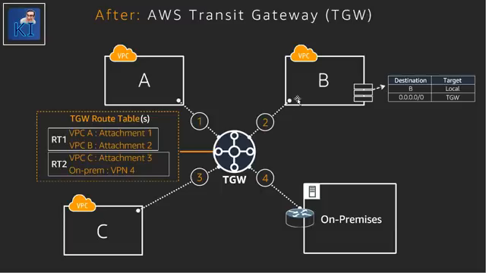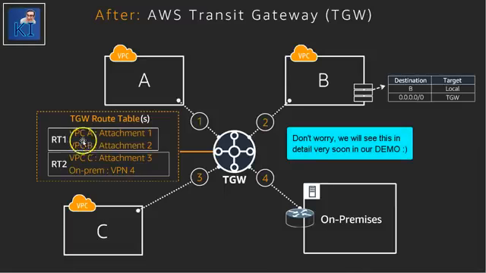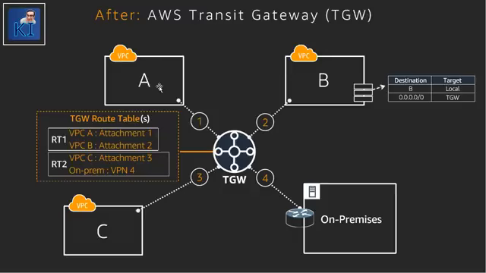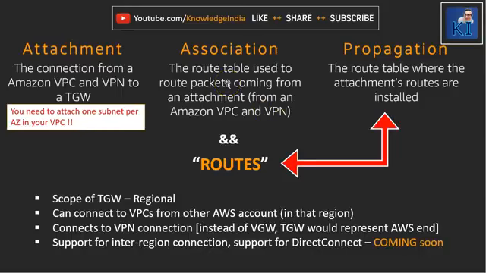One route table can be used for multiple VPCs, or basically for multiple attachments, right? You can use it, but understand that one attachment will have only one route table as the default thing. You cannot say that a particular attachment will use route table 1 and route table 2 both. That way it won't happen, right? So that is something to understand. I will show this more in the demo, and it will become clear to you.